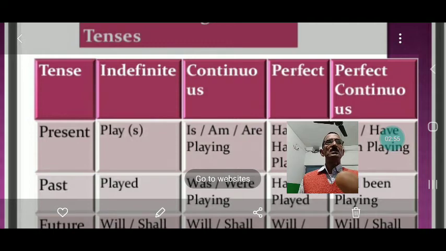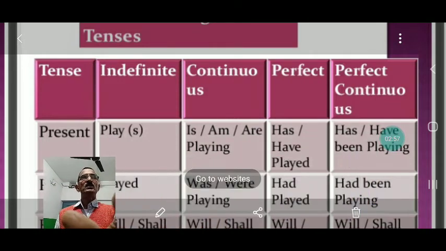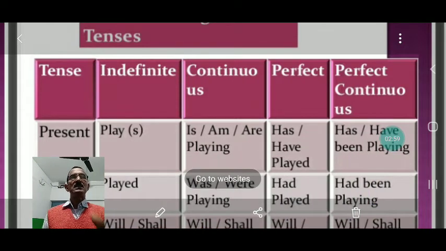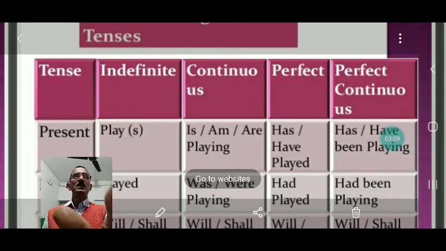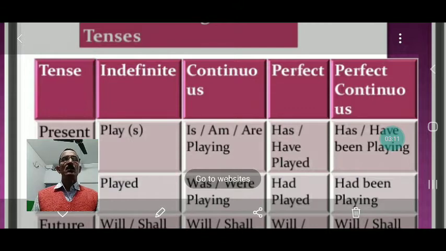You will understand in this way that if it is present tense, then in indefinite we use the present form of the verb that is indicated by the verb play or plays. Means if it is present form, its meaning is what? Play. Play means V1, present form.